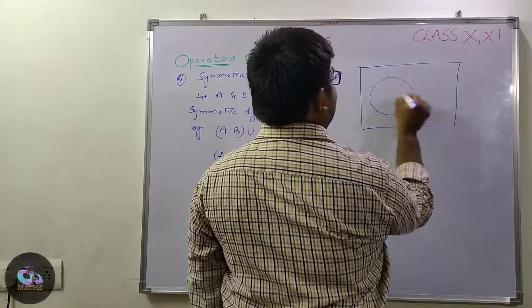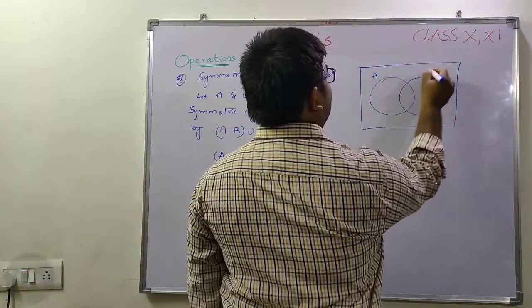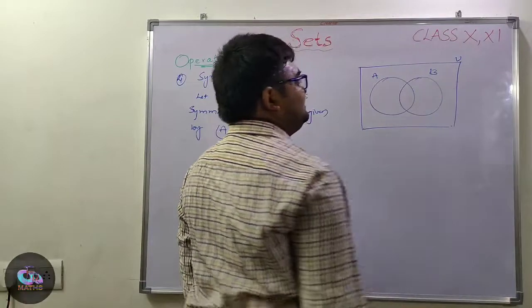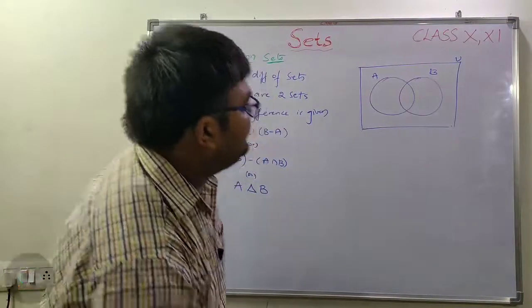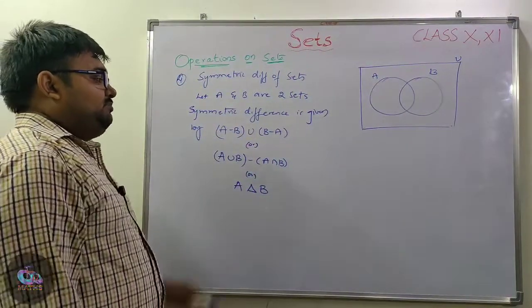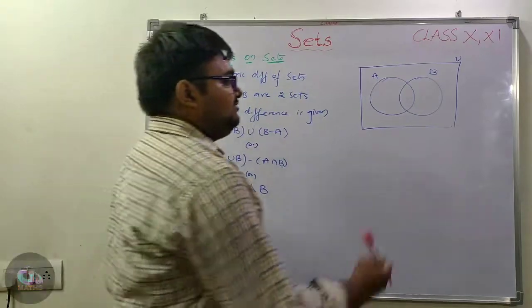So this is set A, this is set B, and this is the universal set. In the previous topic, we discussed A minus B. So what is A minus B here?